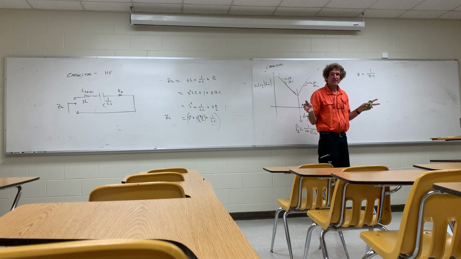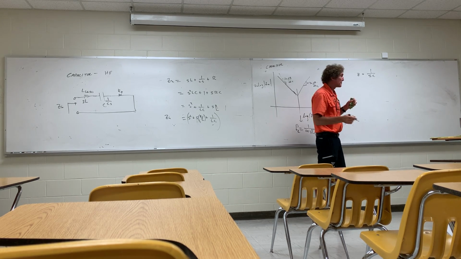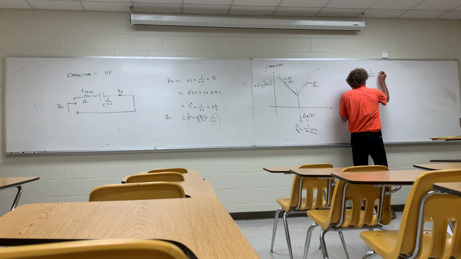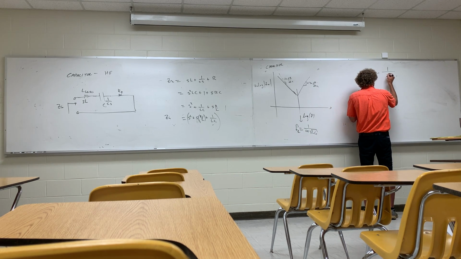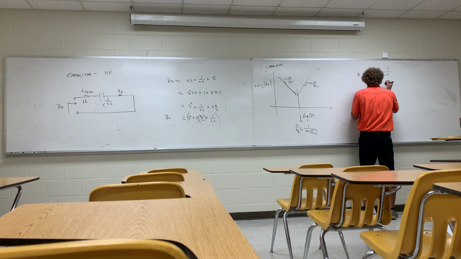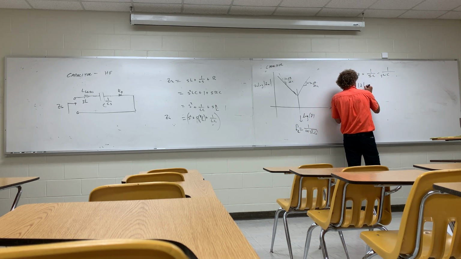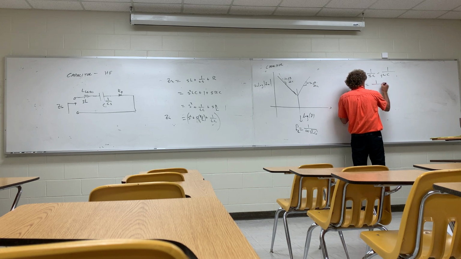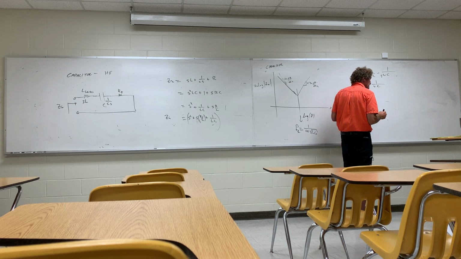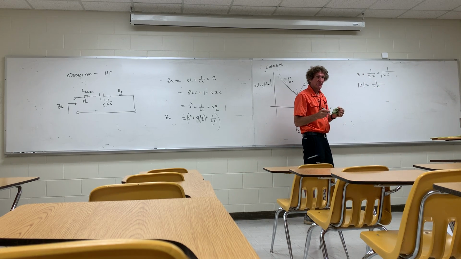Now, if we're going to plot that versus frequency, this would be equal to 1 over S, which is j omega times C. And if I took the magnitude of that impedance, I'll leave it in terms of omega, it would be 1 over omega C, right?